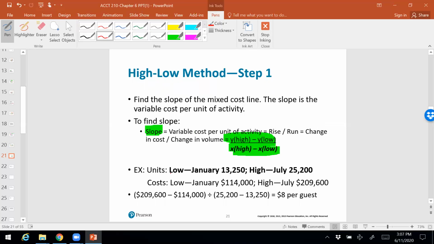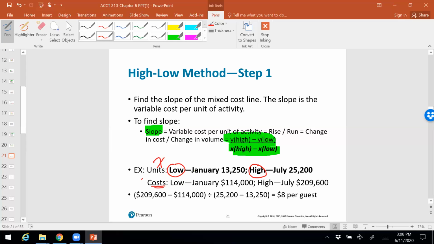As I mentioned, we found that the low point is in January and the high point is in July. So this is the X, sorry, my bad, because this is the volume.